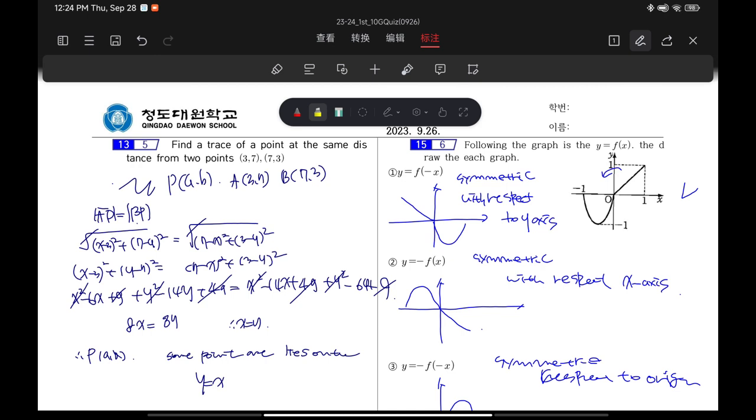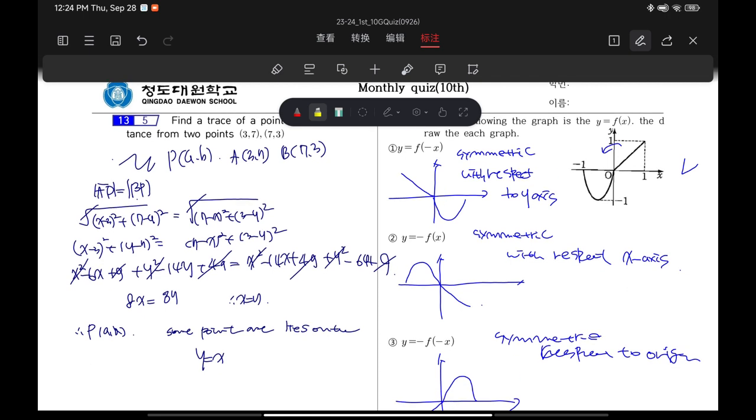So using the distance formula, square root of (x minus 3) squared plus (7 minus y) squared equals square root of (7 minus x) squared plus (3 minus y) squared. Square both sides to eliminate the square root, then expand: x squared minus 6x plus 9 plus y squared minus 14y plus 49 equals x squared minus 14x plus 49 plus y squared minus 6y plus 9.